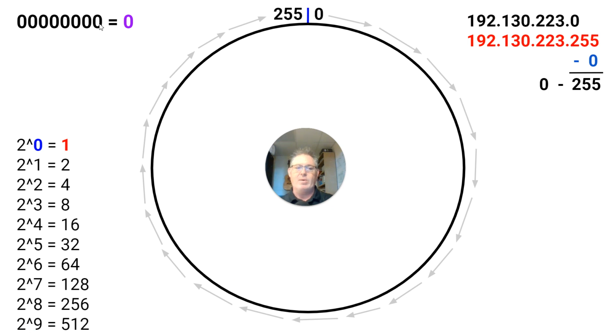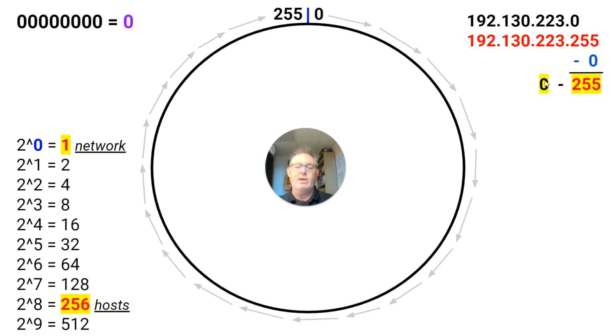So again, 8 zeros, 256 numbers. We've not borrowed any bits, so that's why we have 1 network. So no 1 bits in the mask, and as far as the host part goes, 0 ones means 1 network, 2 to the 0 power, because we have not borrowed any bits. That leaves us with 1 network of 256 hosts.